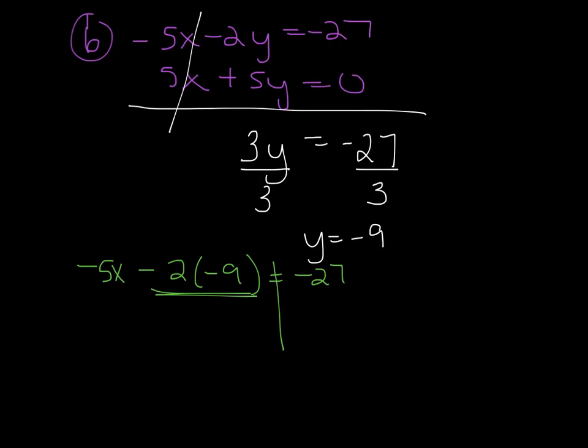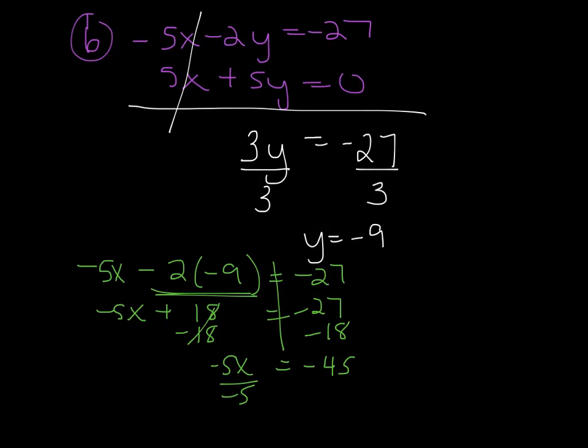I have to multiply these two together, which gives us 18. And then subtract 18 from both sides. And then divide by negative 5. So x equals 9. So our solution is 9, negative 9.